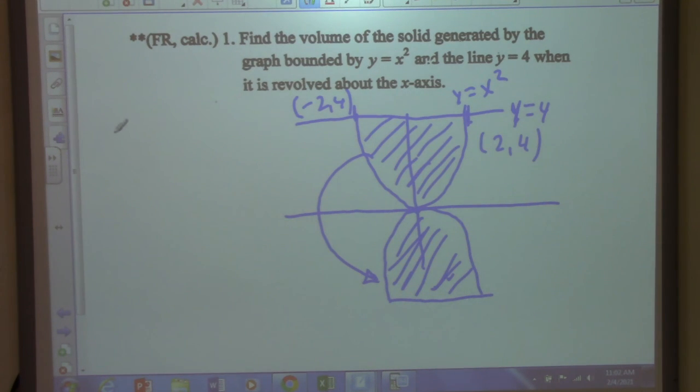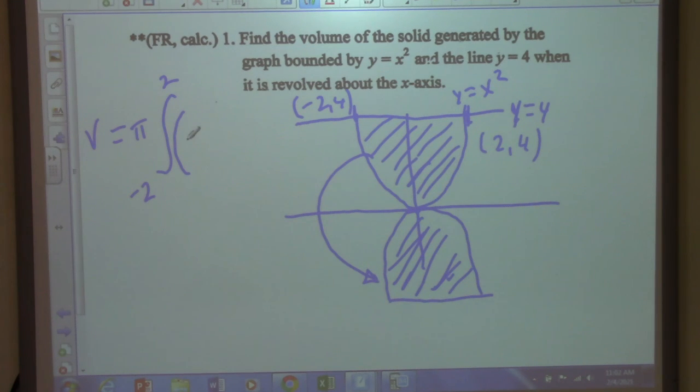So our volume should be pi times the integral from -2 to 2 of what's our outer radius? What's big R? Y equals 4.